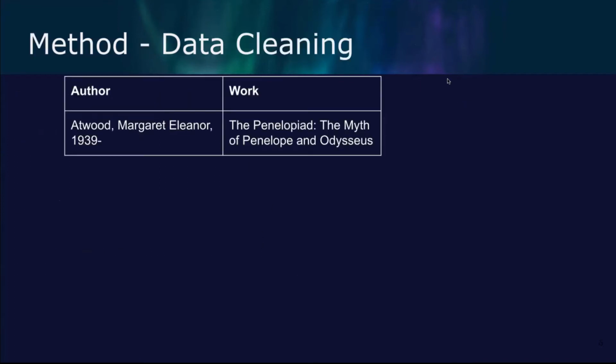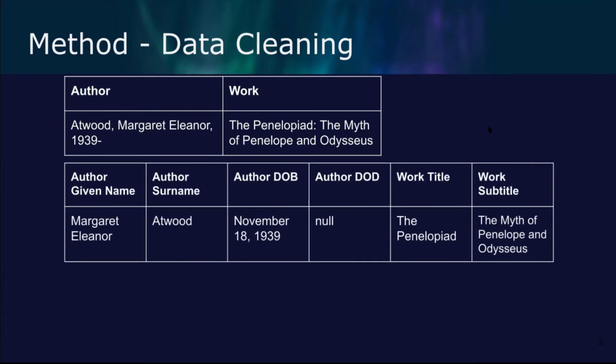So the first step, which is very predictably data cleaning, right? And in particular for this method, it's really important to take what are common compound data fields and split them up into their own unique fields as much as possible, and to try to match those fields with whatever is in the authority file.